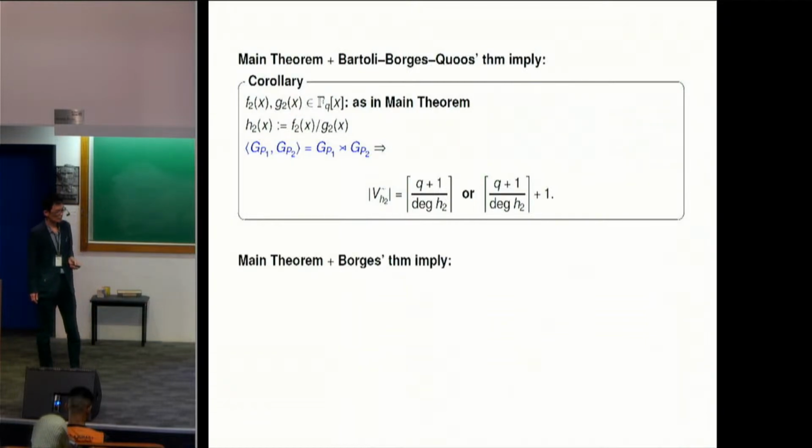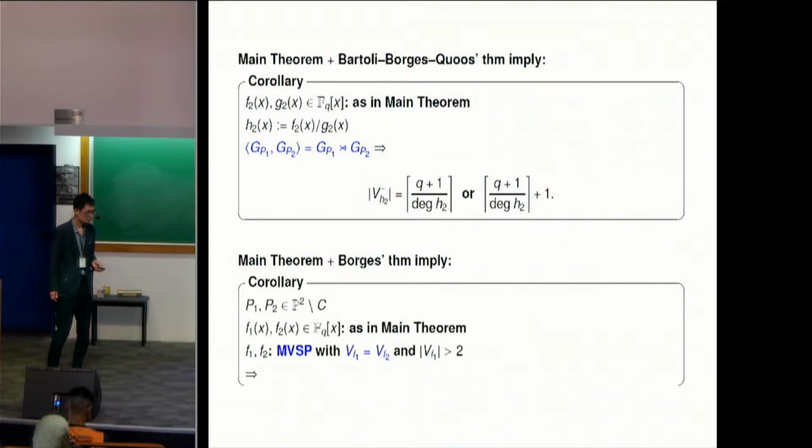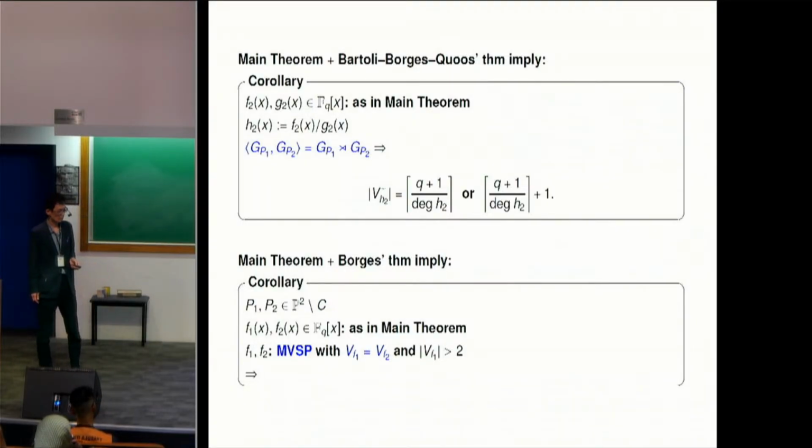The main theorem and Borges' theorem imply the following corollary. Assume P1 and P2 are external Galois points, and f1(x) and f2(x) are as in the main theorem.